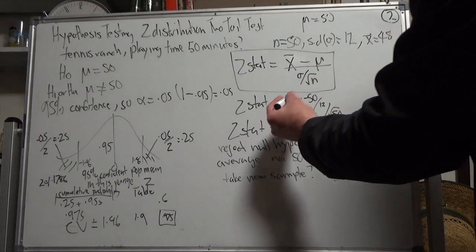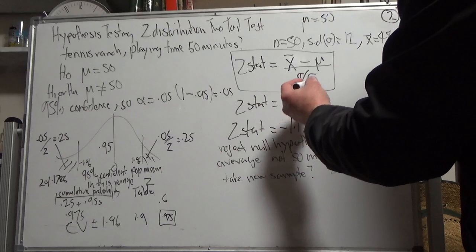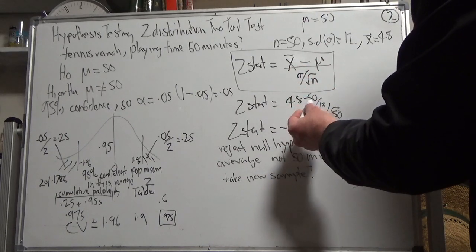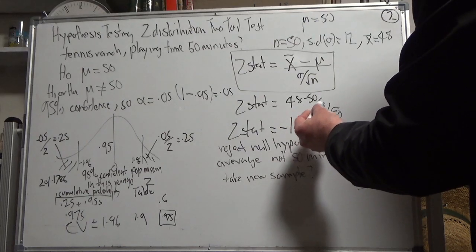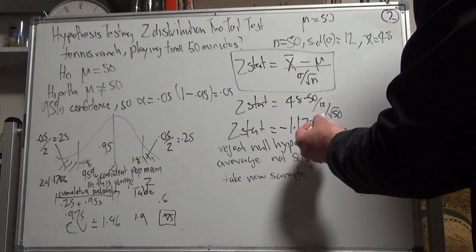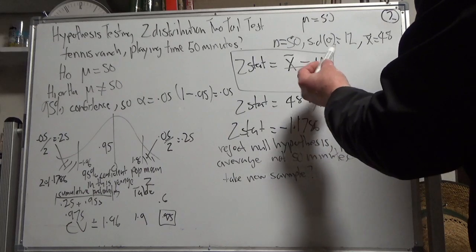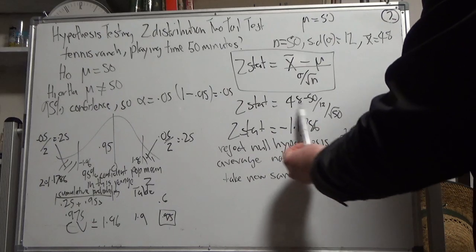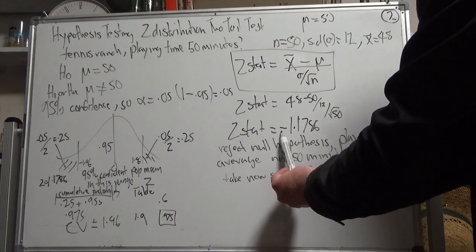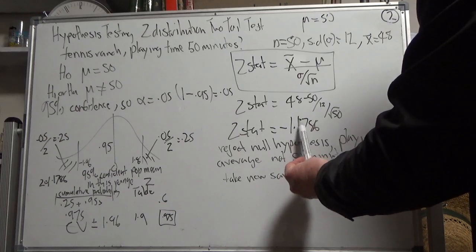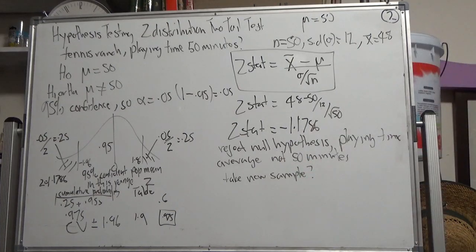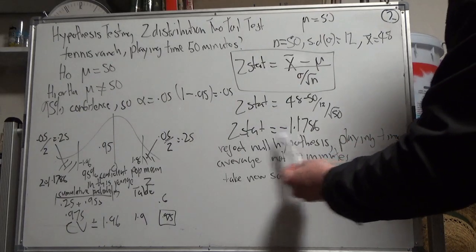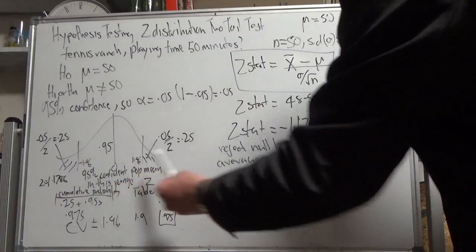It's 48 minus 50 over 12, so the sample mean minus the population mean over the standard deviation divided by the square root of the sample size, 50. So you go ahead and calculate the Z statistic, and it gives you a value of negative 1.1786.